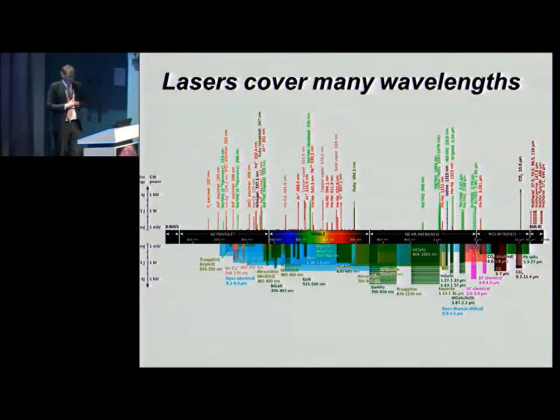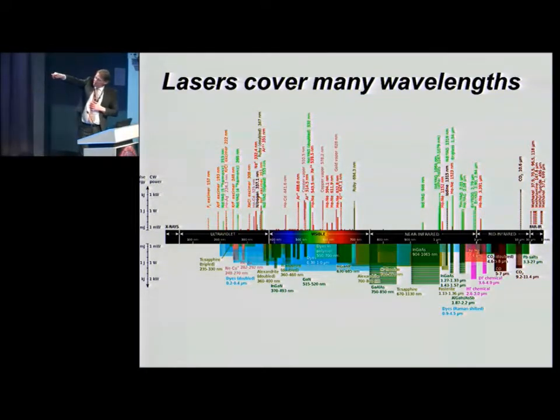And that dead end, we can actually understand a little bit by looking at this diagram. Now, this is a pretty full diagram. I'm certainly not going to explain all the things that are on there. But what you see here is basically the spectrum of light extending from the ultraviolet on the left to the mid-infrared on the right, with, of course, the visible range somewhere in the middle.